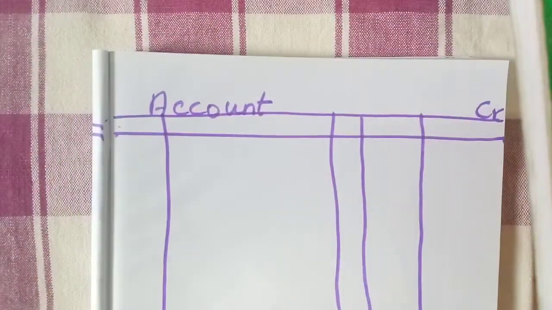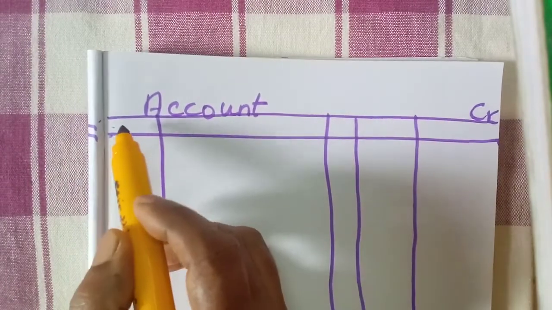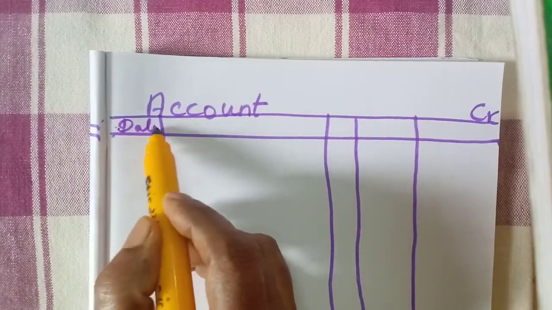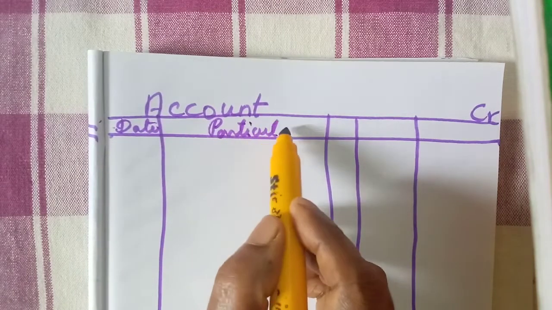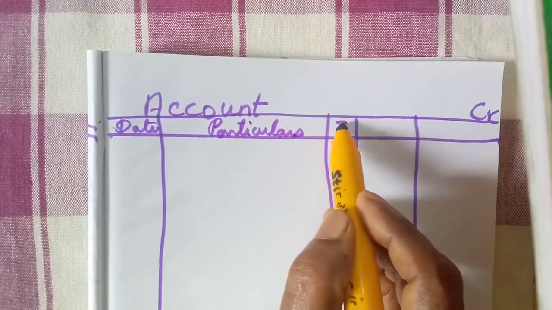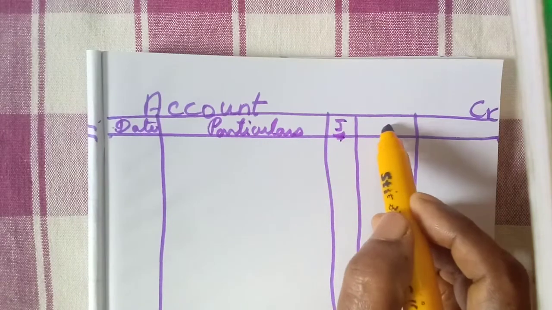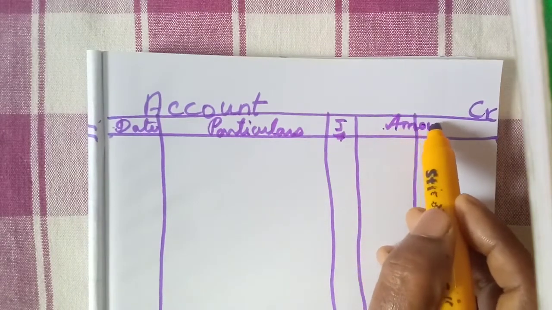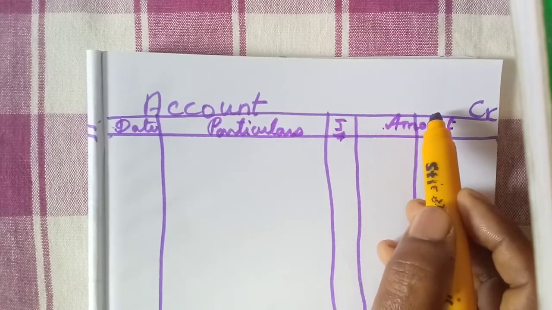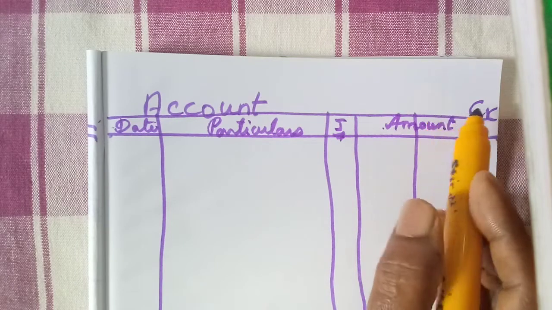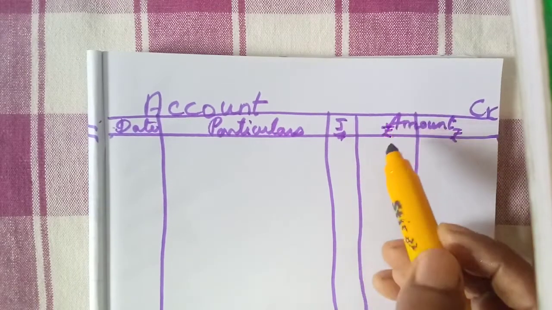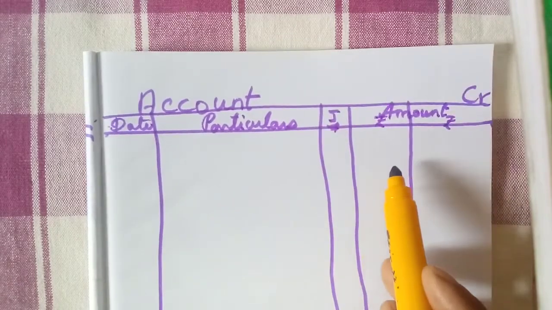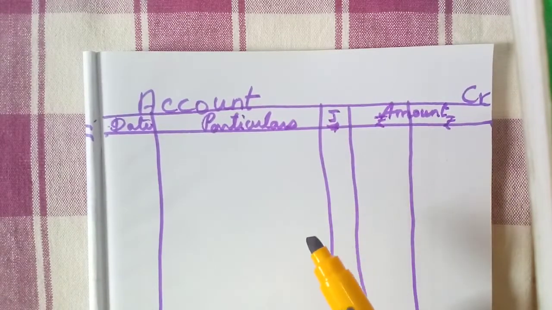The same way write on the credit side also. Credit side, date, particulars, JF, then amount, then rupees. Sometimes even if you don't write amount also, no problem. Okay. Now we will post them.